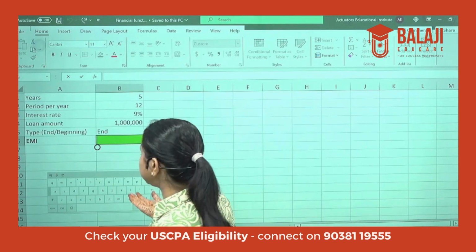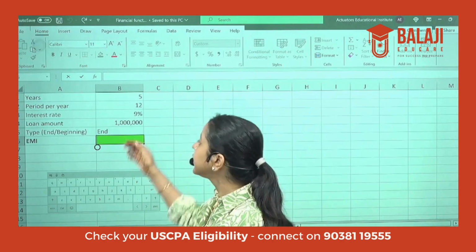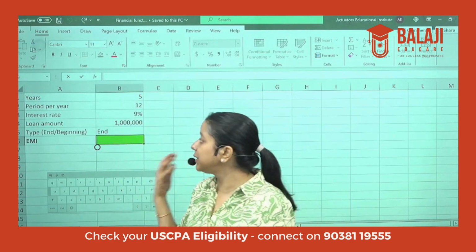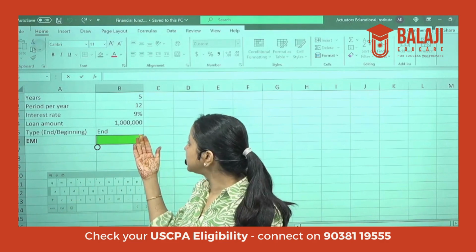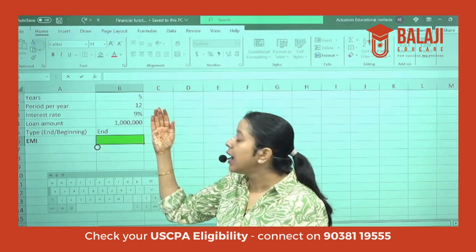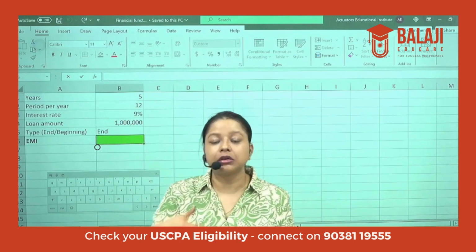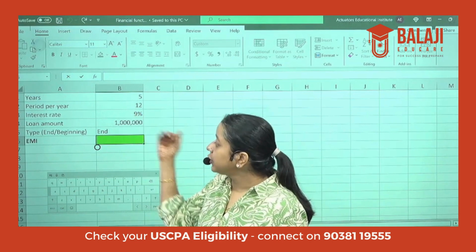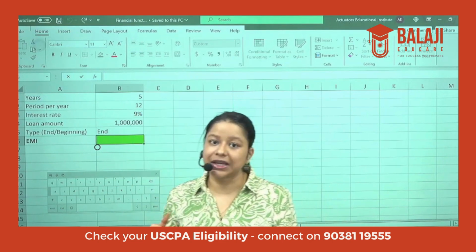It's very simple. The function name is PMT. I have taken a very basic example. I'm taking a loan of, let's say, 10 lakhs for 5 years, and I have to pay the installments every month, and the rate of interest given is 9%.